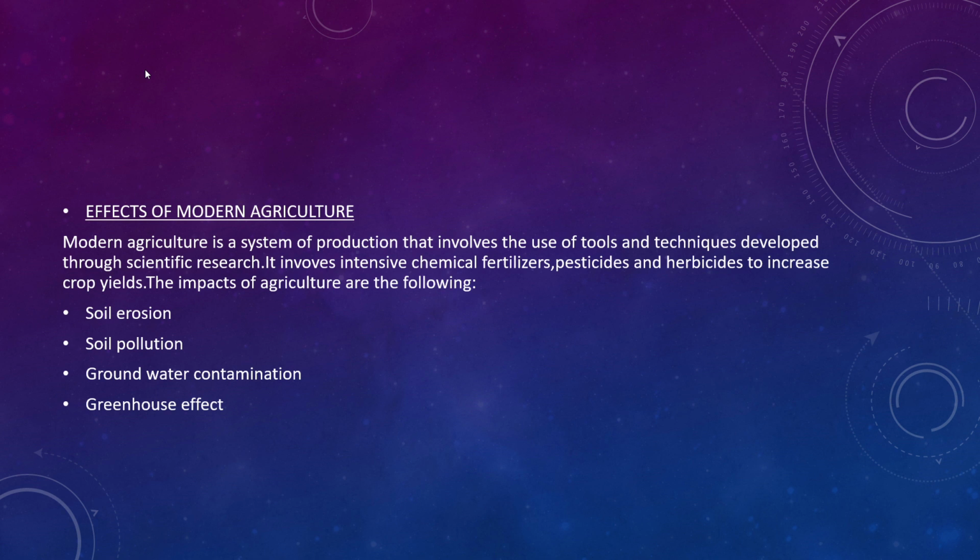I will just tell you what the greenhouse effect is. It is the way in which heat is trapped close to Earth's surface by greenhouse gases. These gases act just like a blanket around the Earth.